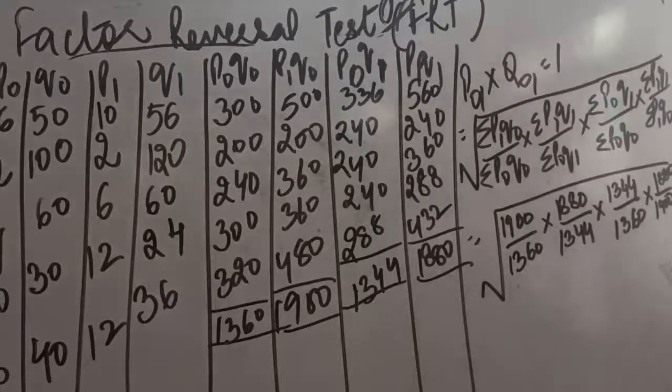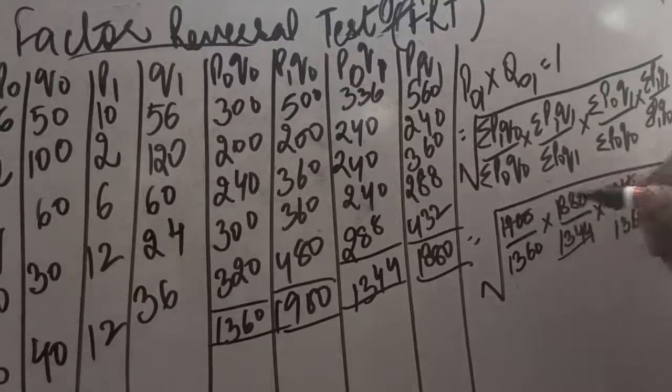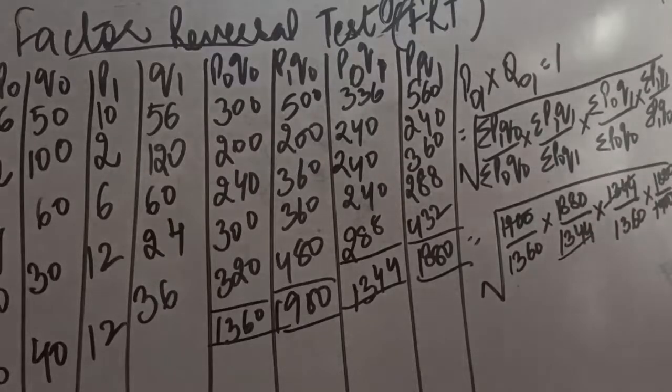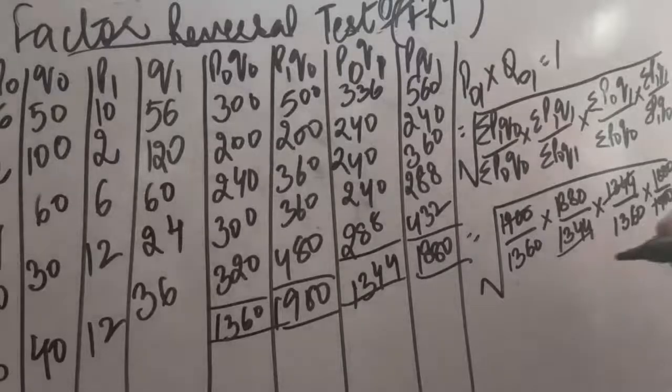So now wherever possible we will delete the items. These will be cut and these will be cut. Now we are left with these values.